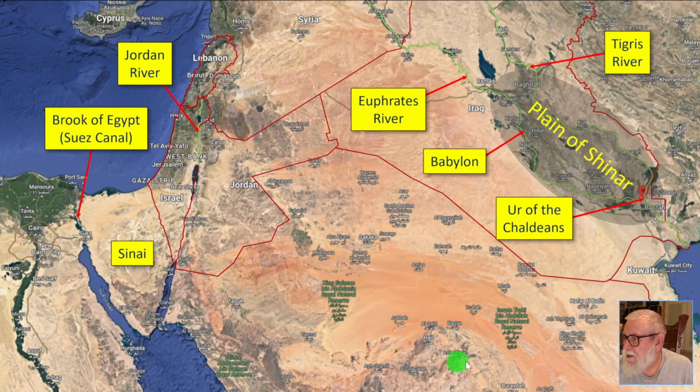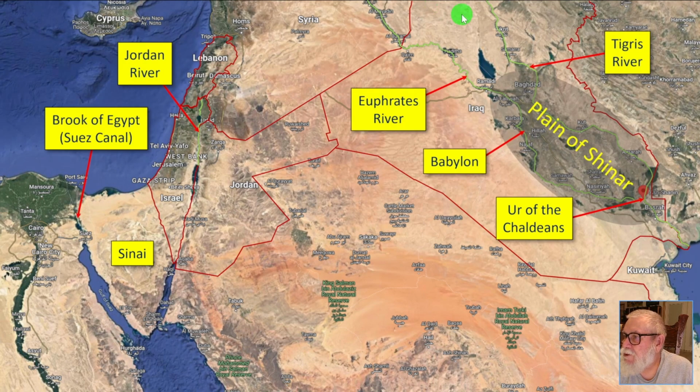Now on the other side of the map, these other two green lines, the one on the north is the Tigris River, and on the south is the Euphrates River. Both of these start in the mountains of Ararat in Turkey, which is famous, of course, for where the Ark of Noah landed after the flood.